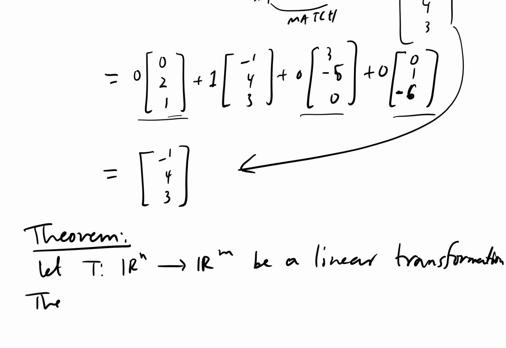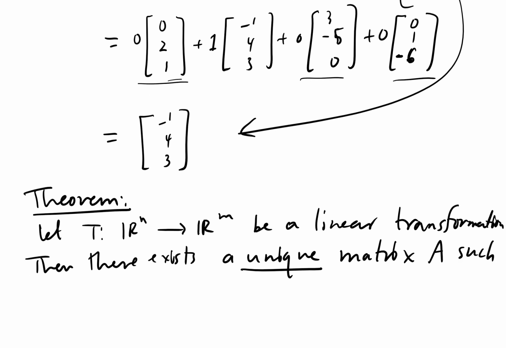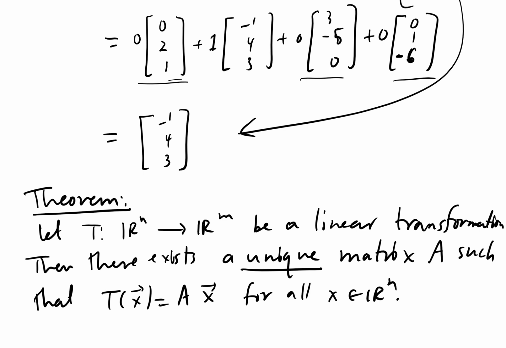Then there exists a unique matrix A such that T of x equals Ax for all x in Rn. So if T is a linear transformation, then there exists only one matrix A that T can take x into, Ax.